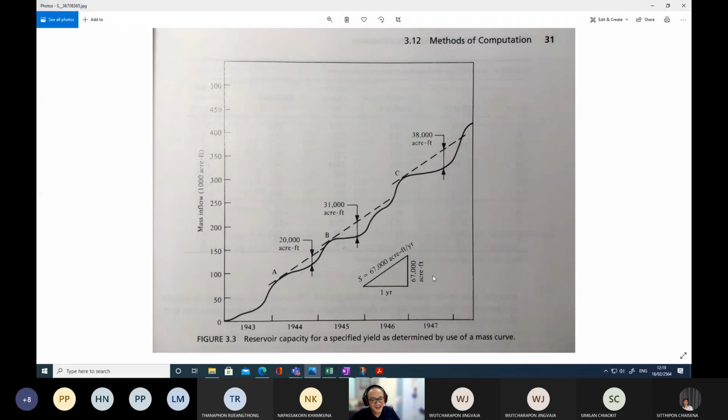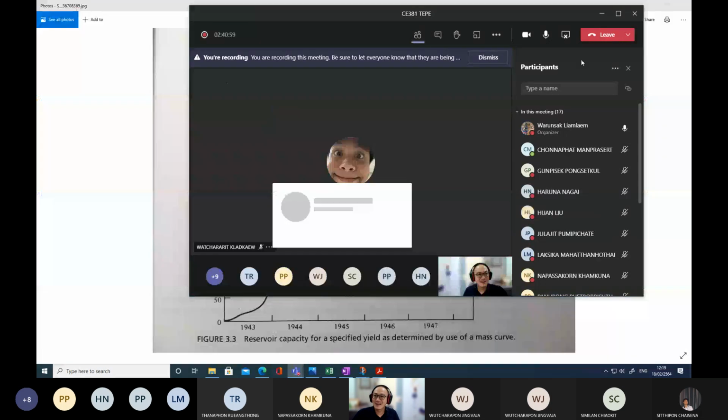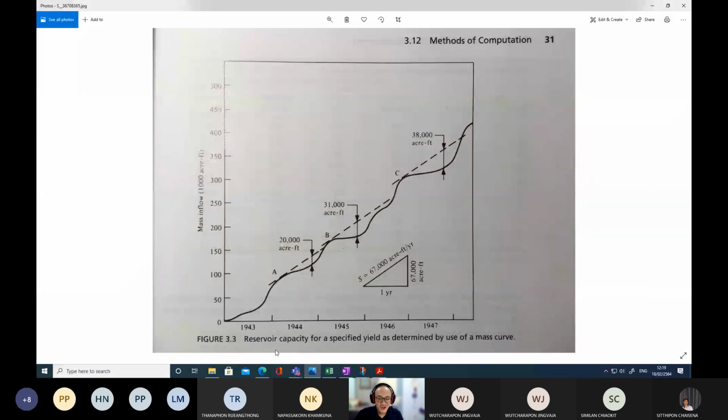This is another page, these are the figures. I hope you are now on my figure showing the reservoir capacity. This is the picture showing the determination of reservoir capacity. There is an inflow over several years, starting from several months in 1943 and so on. That's why you are getting a curve like this.